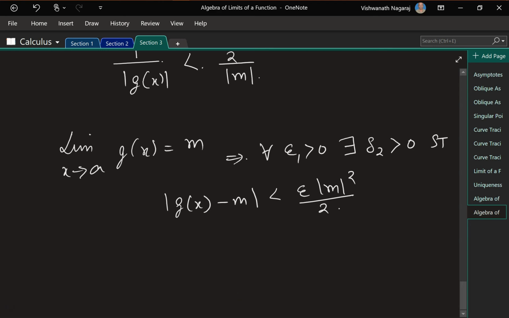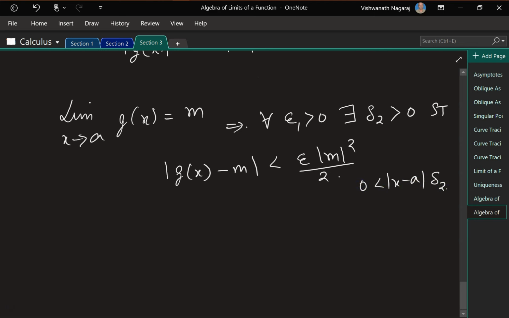Okay, so why are we taking this? So that at a later point in time, cancellations can happen. Again, the condition is: x minus a is between 0 and delta 2. Now let's take the minimum of delta 1 and delta 2.